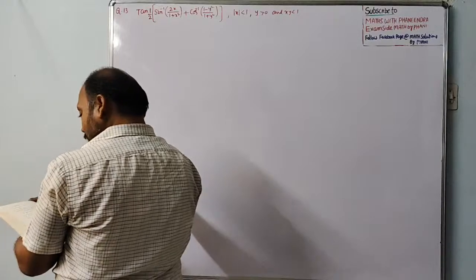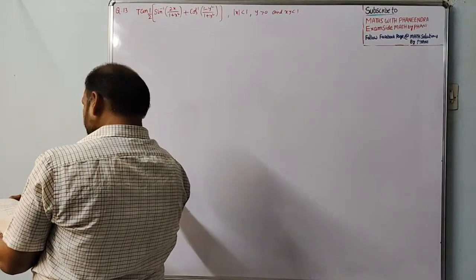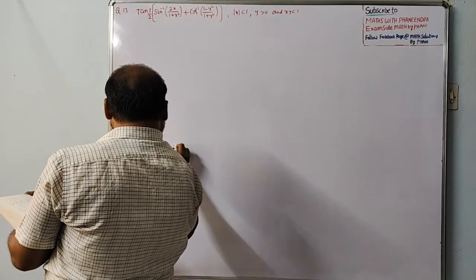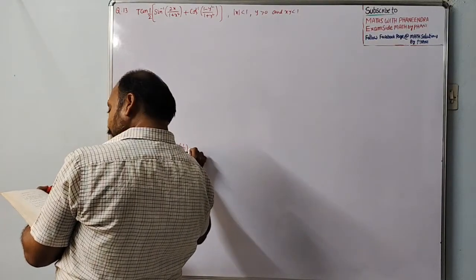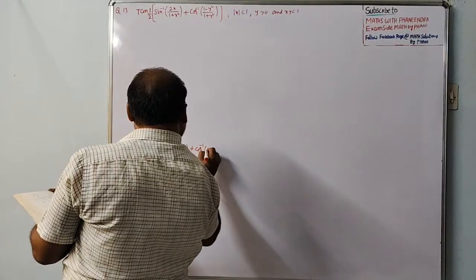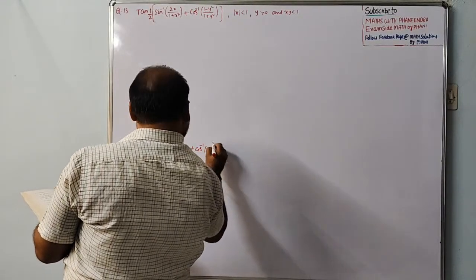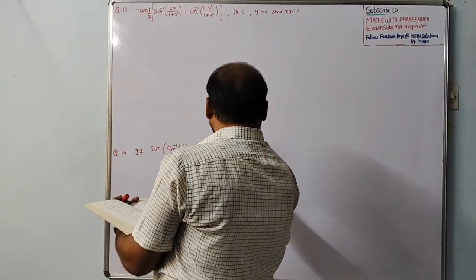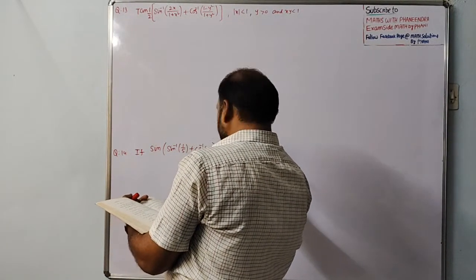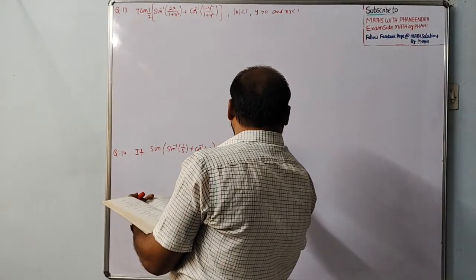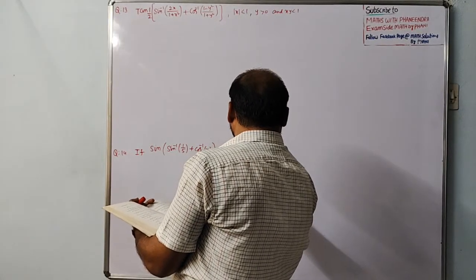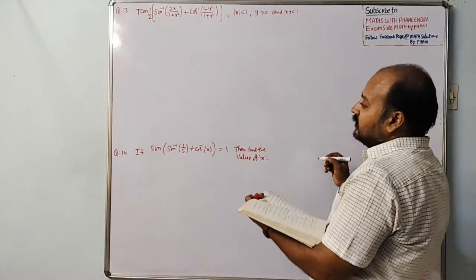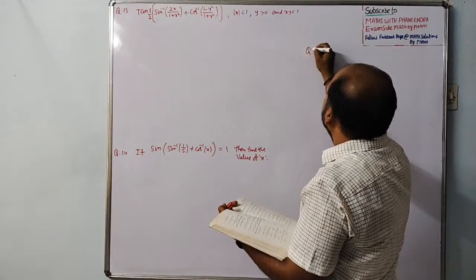The other question is question number 14. If sine inverse of 1 by 5 plus cos inverse x is equal to 1, then find the value of x. Next question number 15.